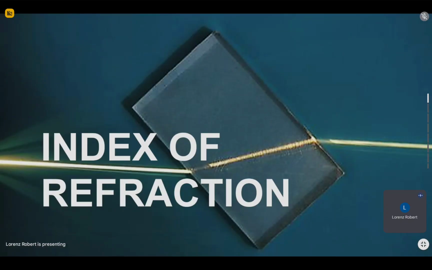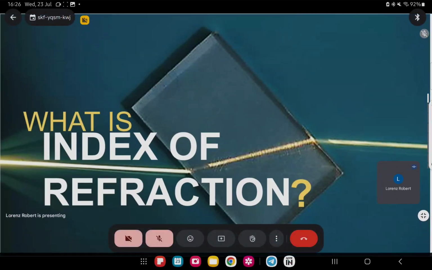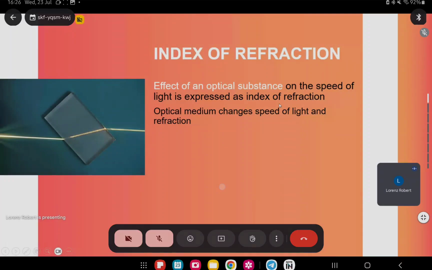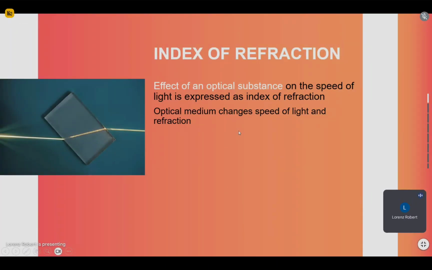Now next we'll talk about refractive indices, or index of refraction. It's the effect of an optical substance on the speed of light, expressed as the index of refraction. Meaning, as light passes through an object, it is how the light is being manipulated or bent.